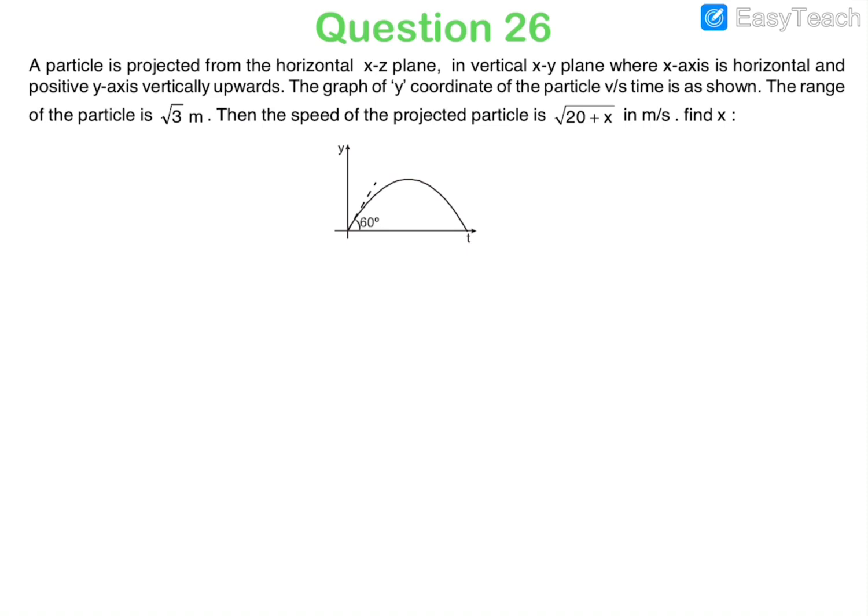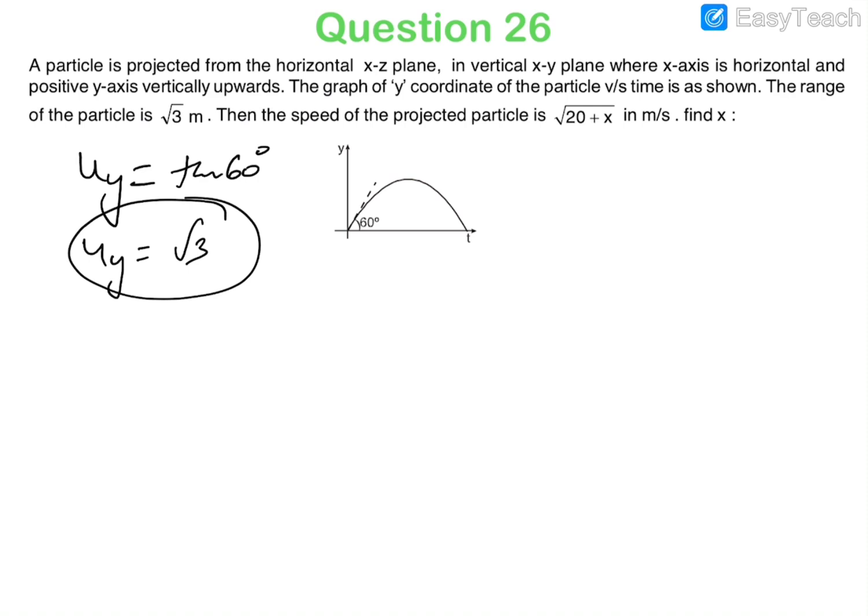So we can say that vy is the slope of this graph at t is equal to 0, or initial velocity we can say uy is tan 60. This is a graph, this is not the trajectory. You should remember and carefully observe the question. So tan 60 is root 3, uy is root 3, and the range of the particle is 3.